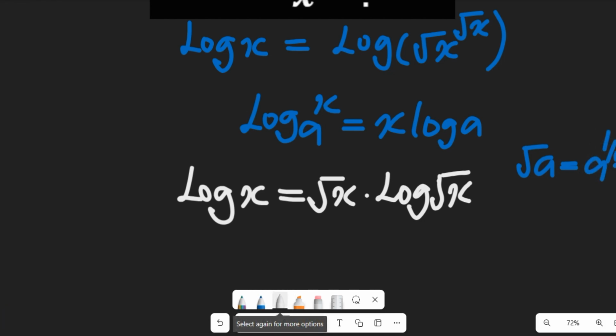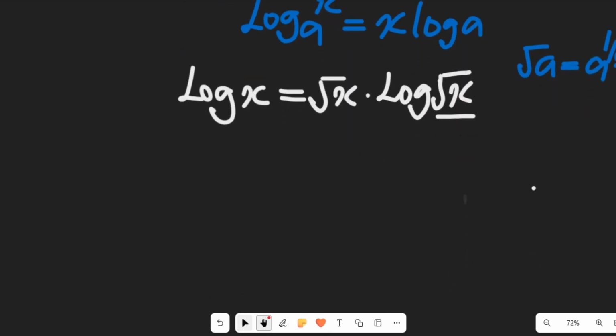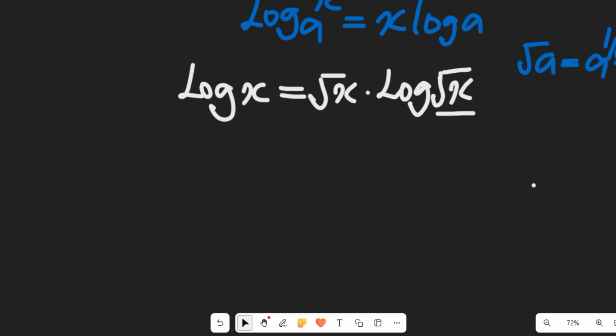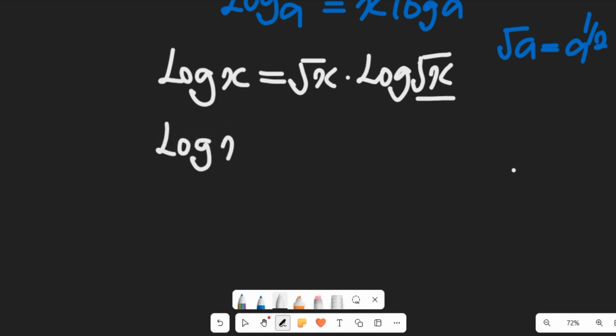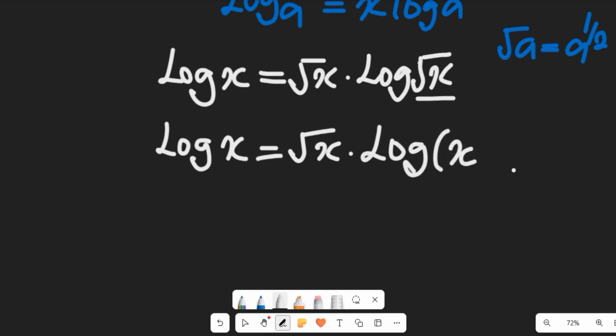So having done that, I can simplify this expression to become the log of x equal to the square root of x multiplying the log of x to the power of 1 divided by 2.